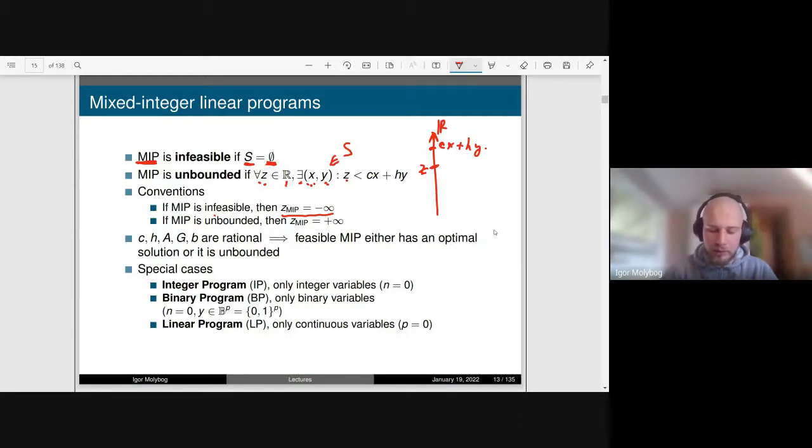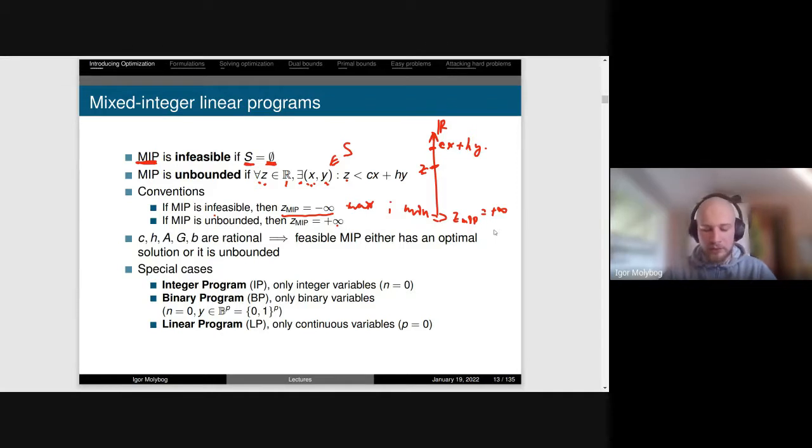Again, that is if we are talking about maximization. If minimization, then Z MIP is actually plus infinity. And if the MIP is unbounded, then Z MIP is plus infinity for maximization and minus infinity for minimization.